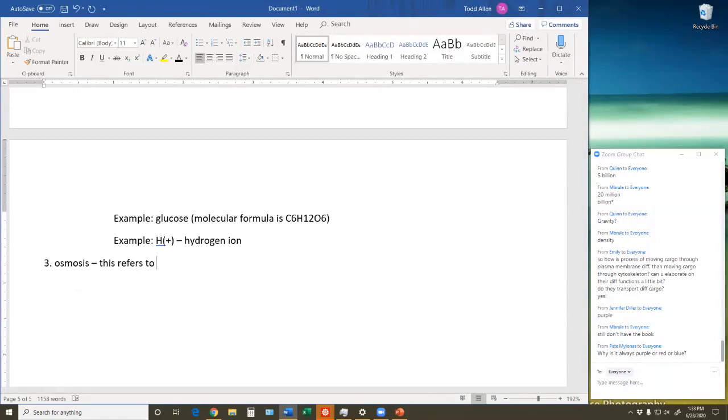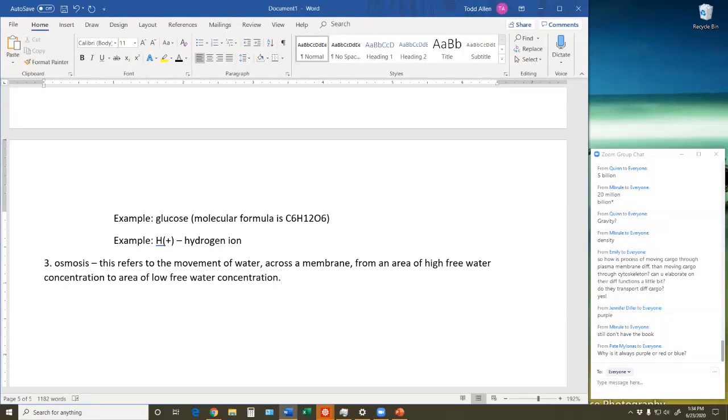This refers to the movement of water across the membrane from an area of high free water concentration to an area of low free water concentration.